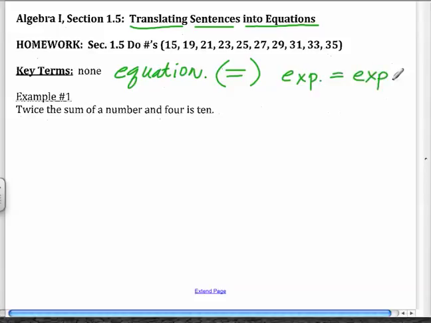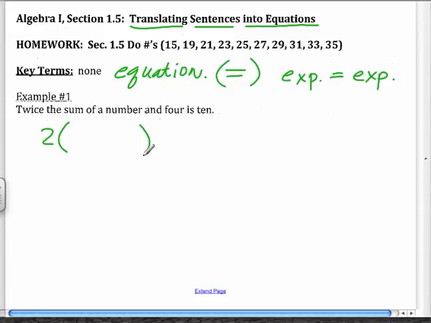Beautiful. Example 1 says, twice the sum of a number and 4 is 10. Now, it says twice something. What does that mean, Gordy? Two times something. I'm just putting my parentheses up there. I don't know what goes in there. It could be 4, it could be 12, it could be negative 13.